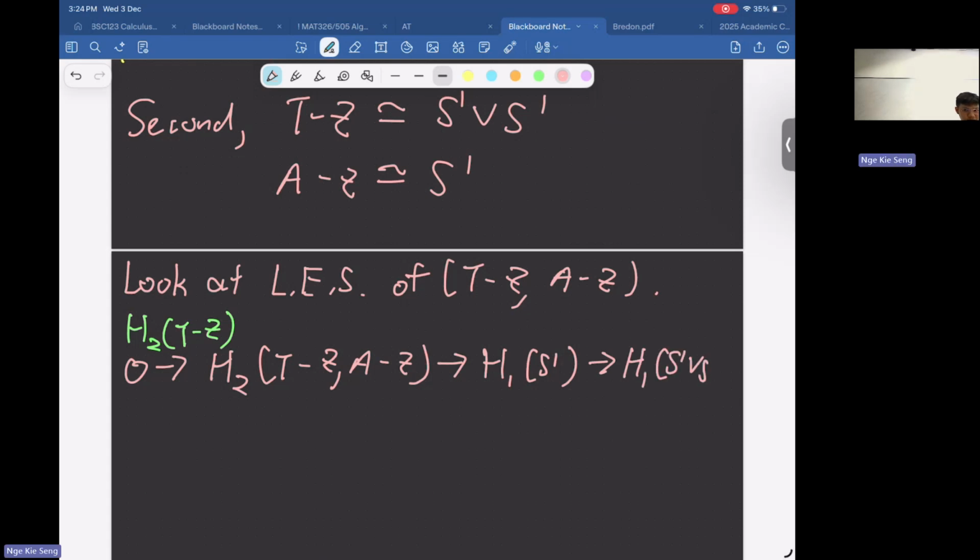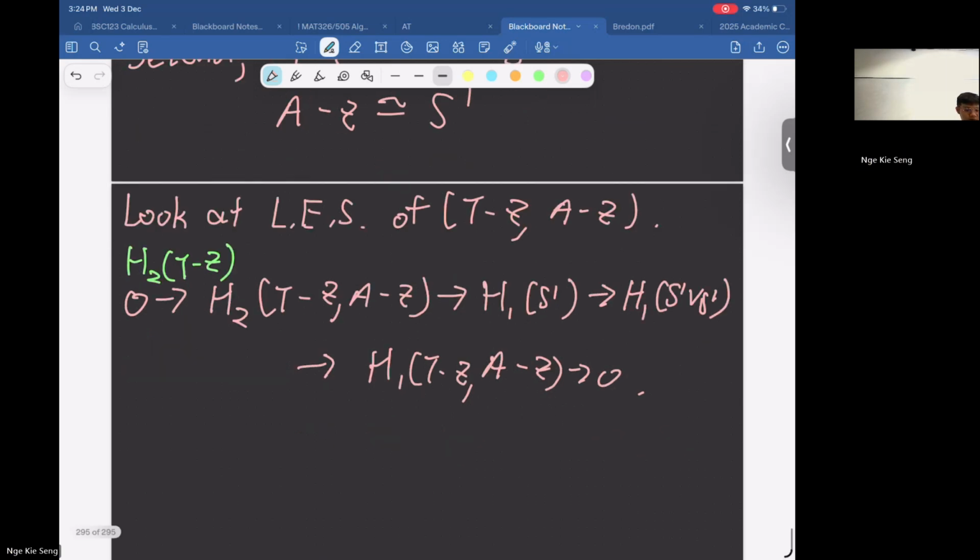Or can you tell me why? Another 0 happening here is H1 of the point, so this is H0 of X1. Okay, good.